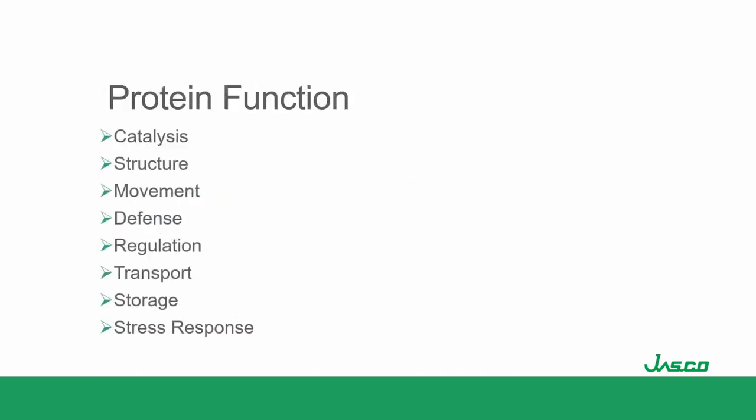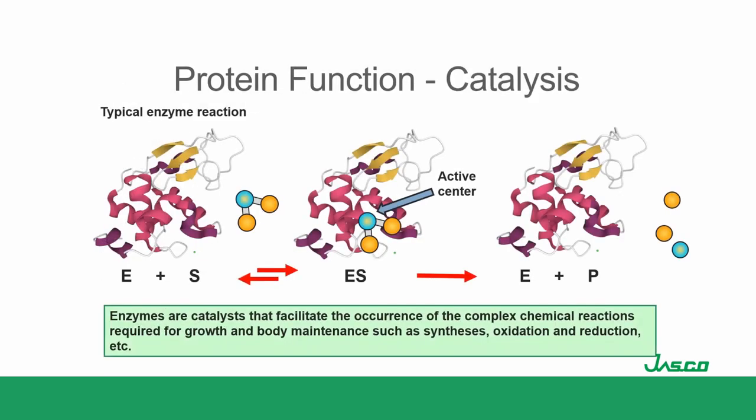Functions of proteins, you can see them in the slide. There are several protein functions, but for example, I'm just going to mention the first one, which is catalysis. One of the functions of proteins is to perform this catalysis in the human body, and you can find the same in animals and plants.